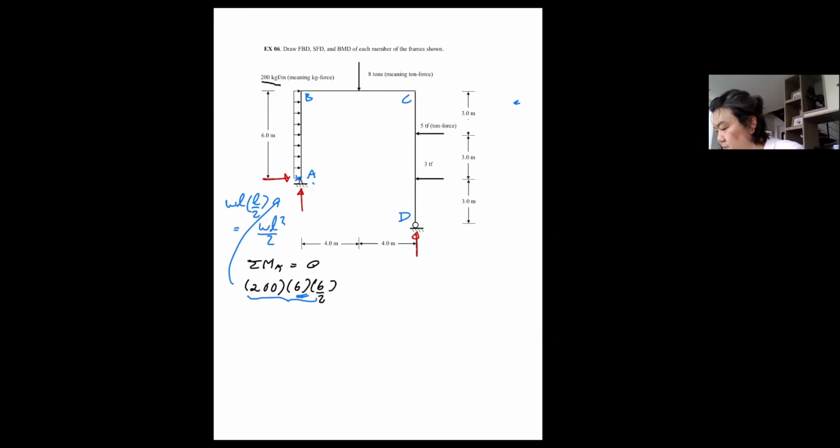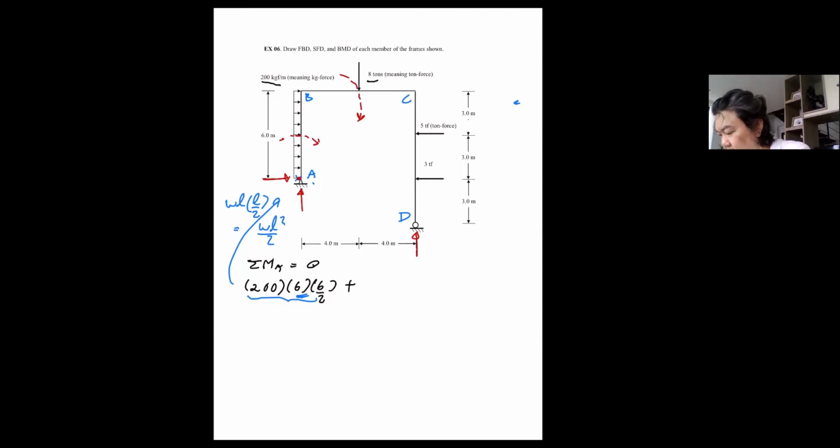So for those of you who still struggle a little bit, we're taking the moment at A. So this one, the uniform load, will give you the clockwise, and this point load will also rotate your frame like this. So it's clockwise as well. So that plus if I say that 200, this is supposed to be 8,000, right? Be careful of the unit.